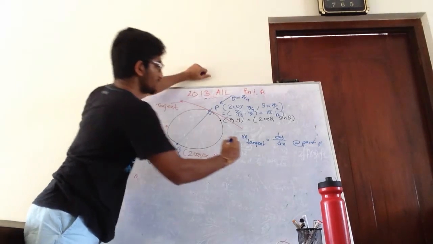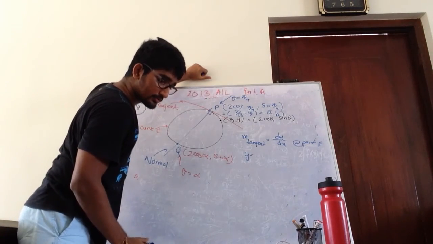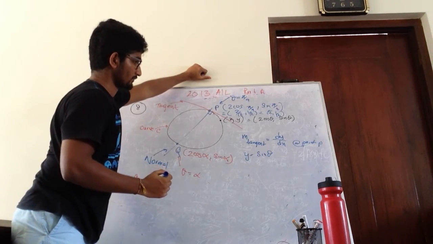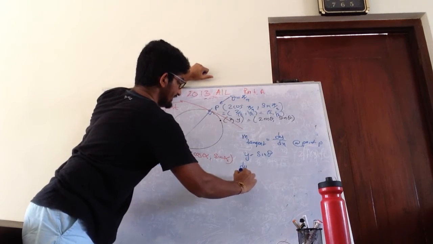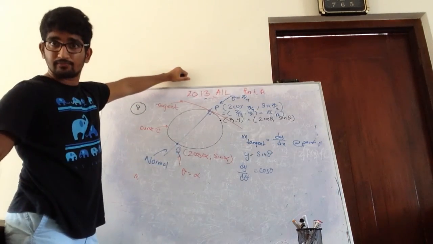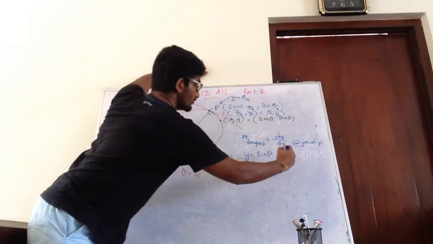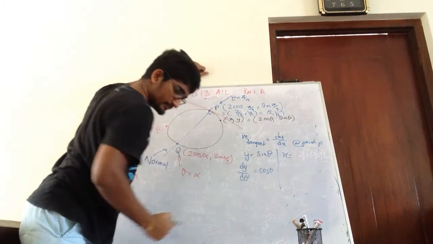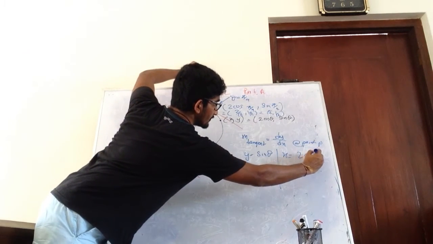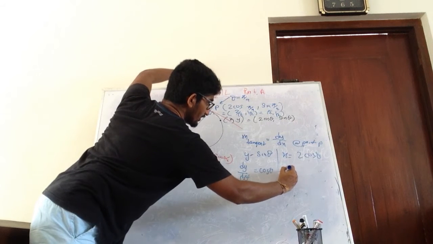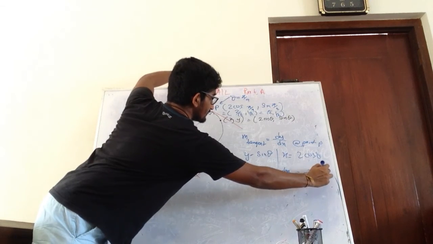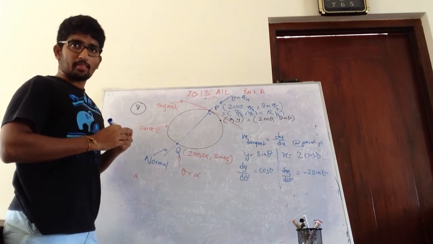Now what is y? y is sin theta, so dy over d theta is cos theta. And x is 2 cos theta, so dx over d theta is minus 2 sin theta. Agreed?